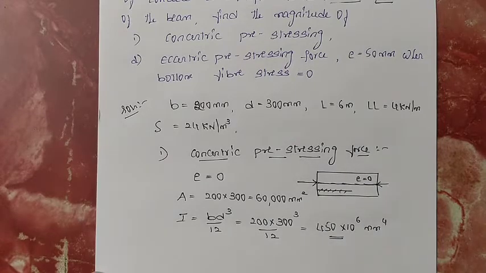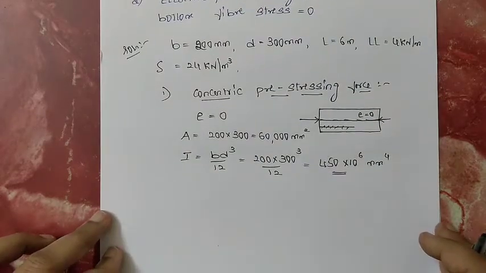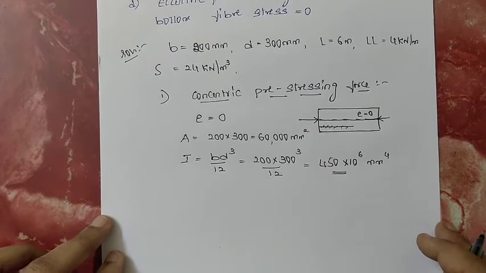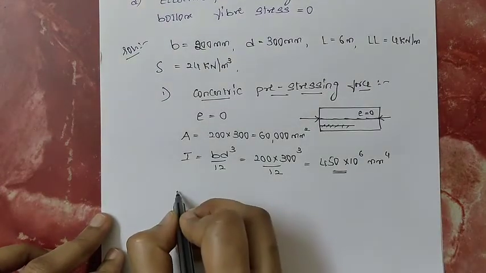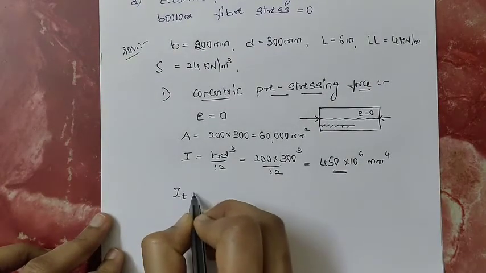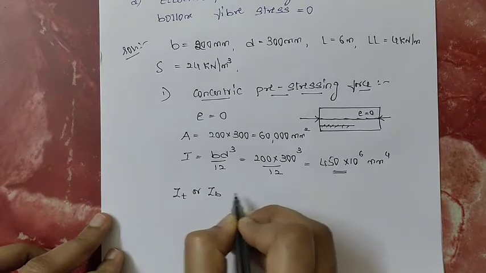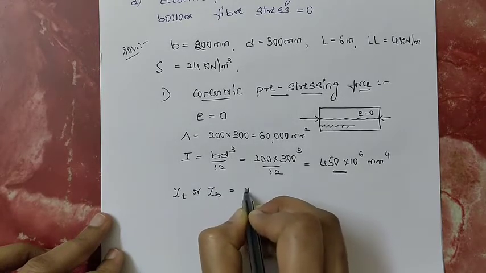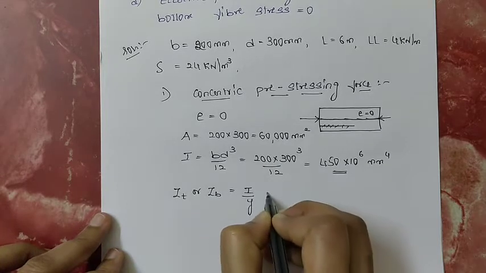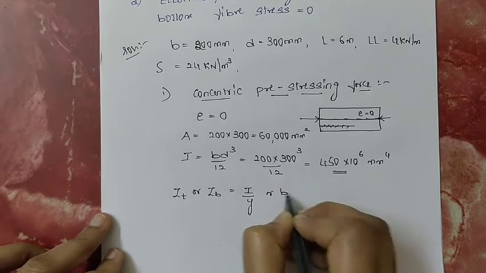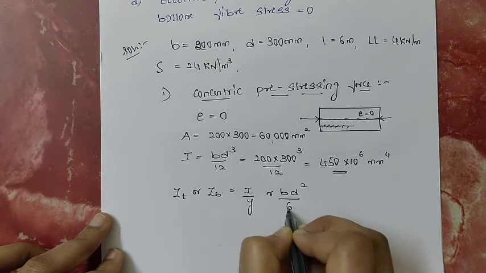Then calculate the section modulus. For a rectangular section, ZT as well as ZB are both the same. It is given by I by Y, or you can substitute as BD square divided by 6.